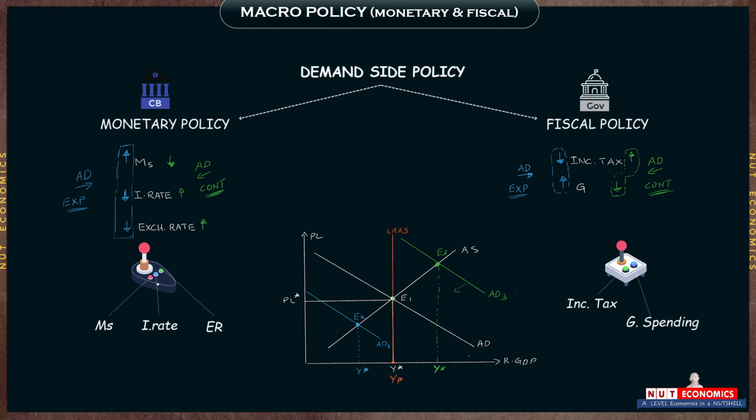And therefore, both these demand side policies are ultimately managing the country's aggregate demand, in order to keep the economy out of these business cycle short-run fluctuations around the country's potential output. That is the purpose of your monetary and fiscal policy, and that is exactly how it works in reality.